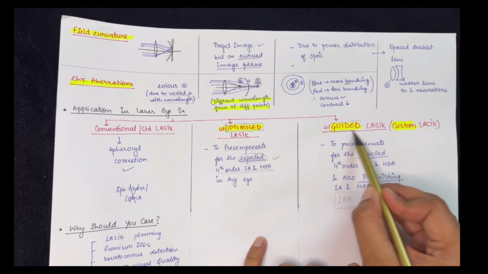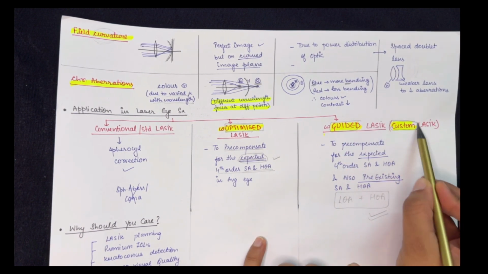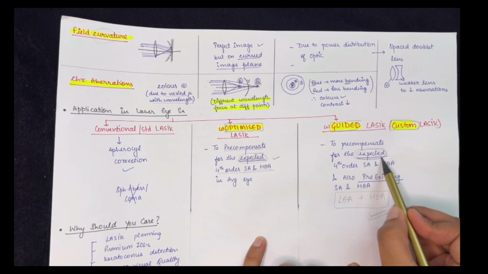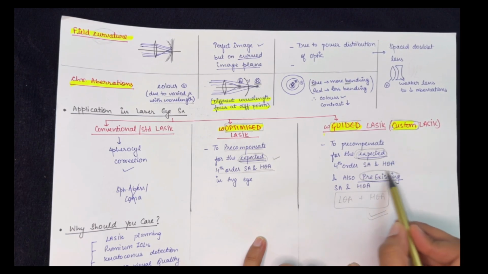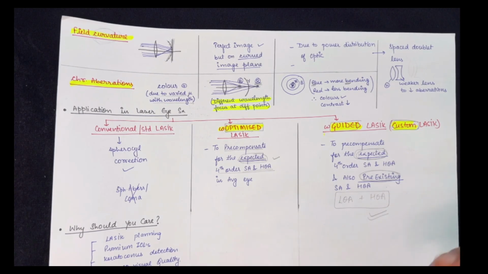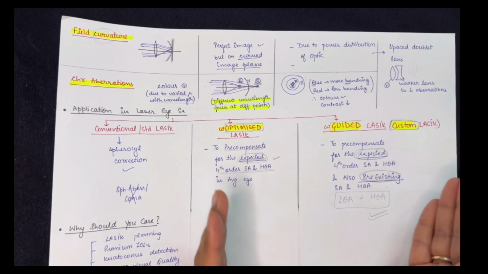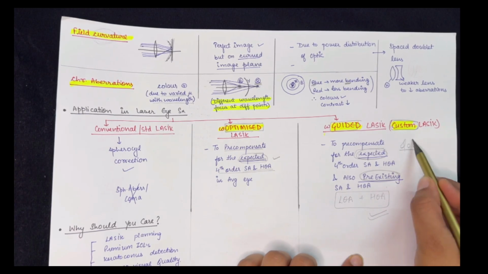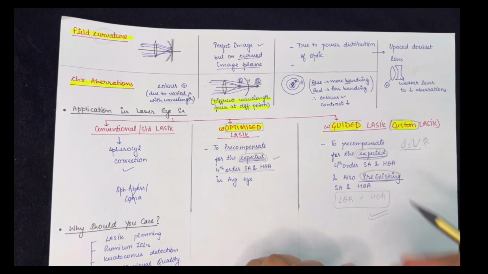Now in guided or customized LASIK, you pre-compensate for the expected also, and you also correct the pre-existing aberrations. Okay, so जो पहले से हैं उनको भी करते, it is very customized. So इससे जो quality of vision आता है that is very high.